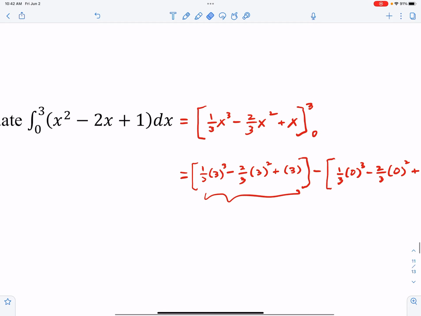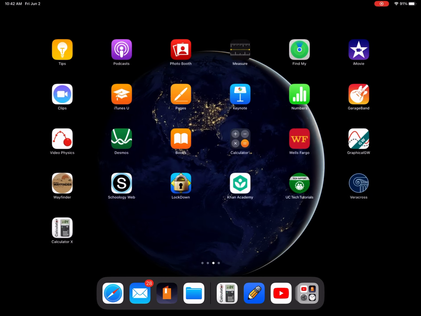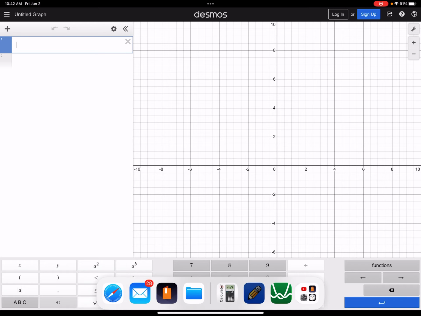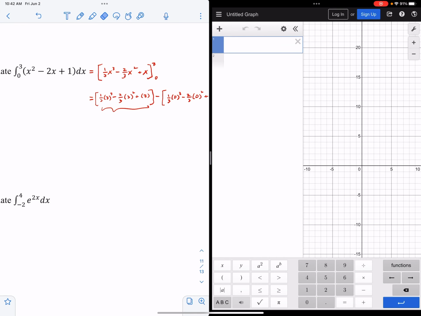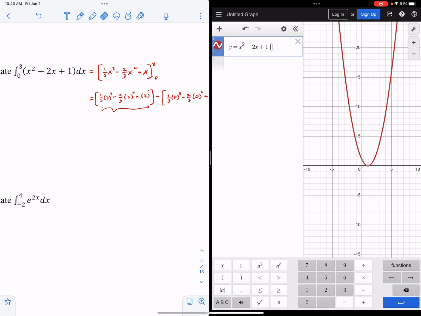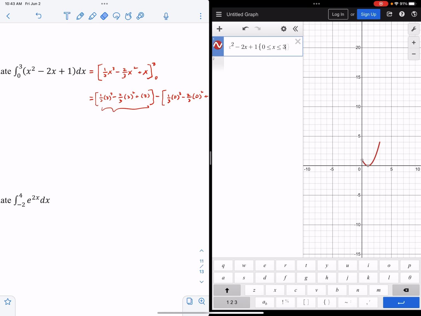So you could simplify that if you want to. Let me pull up Desmos here, just to give you a visual. If we type in the integrand, the graph, and then just the interval from 0 to 3. Okay.